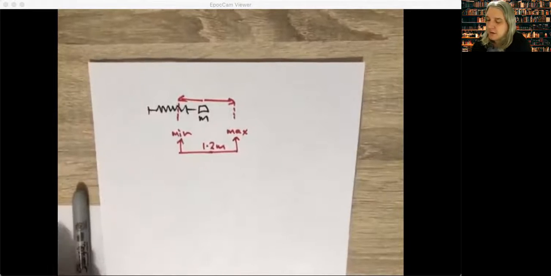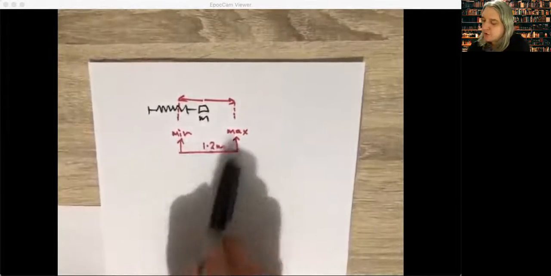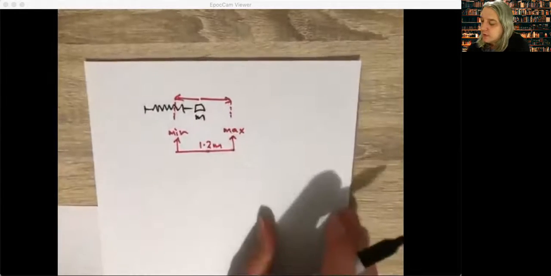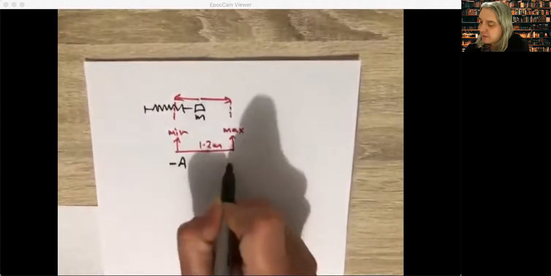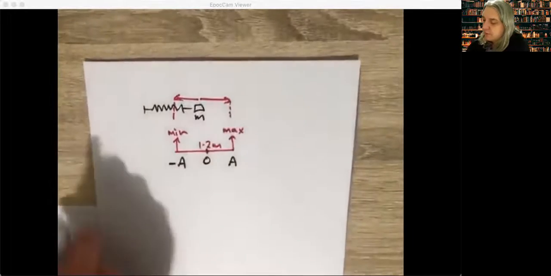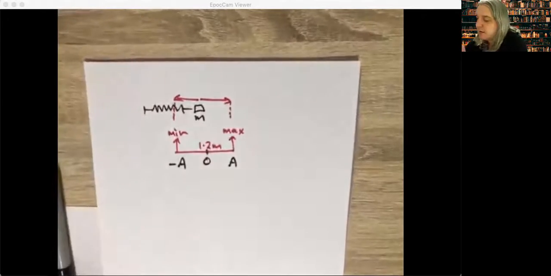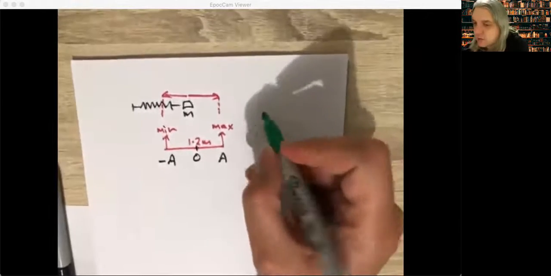The trick with this question is realizing that that range of motion being 1.2 meters is from minus A to A, and we've still got our zero in the middle. So A is actually going to be half of that range of motion. That's probably the biggest trick on this question.